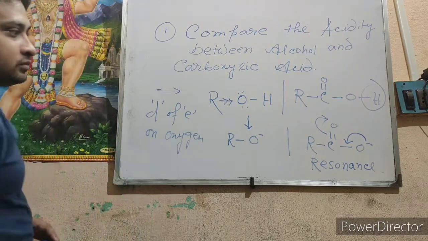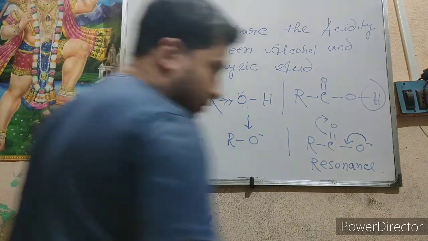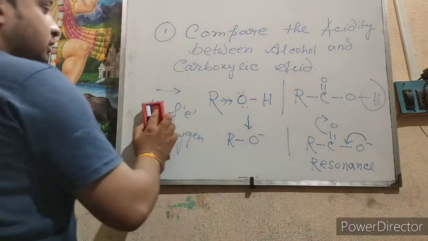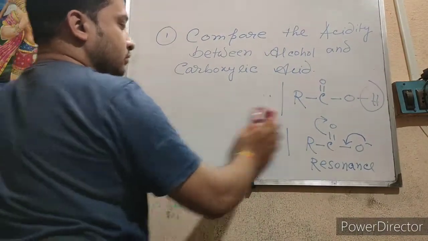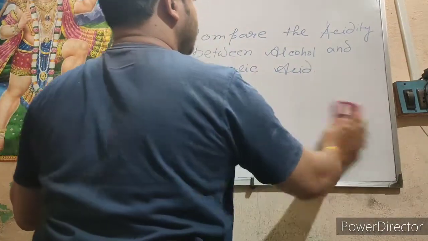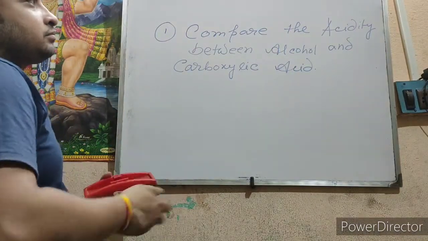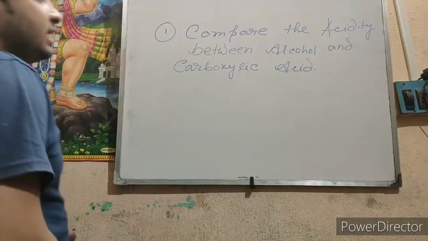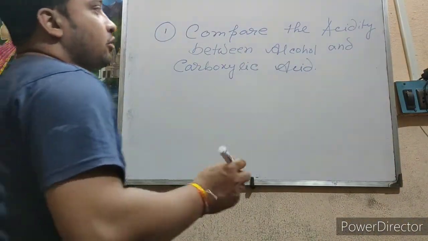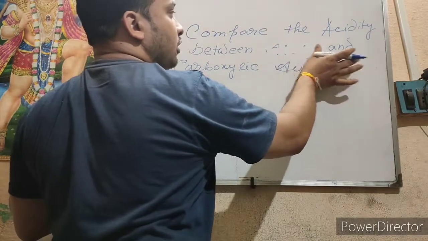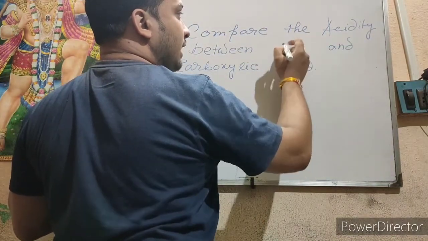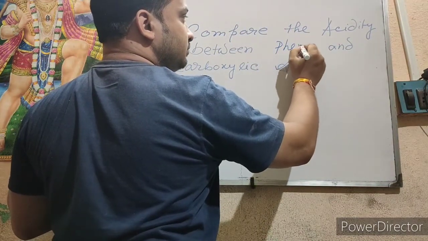Okay. Now the second problem. The second problem is compare the acidity between carboxylic acid and phenol. So I remove this alcohol and write here phenol.